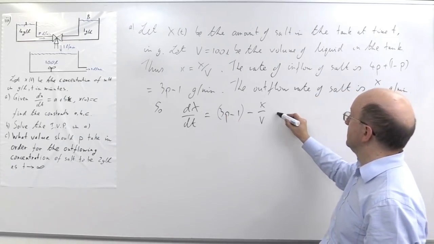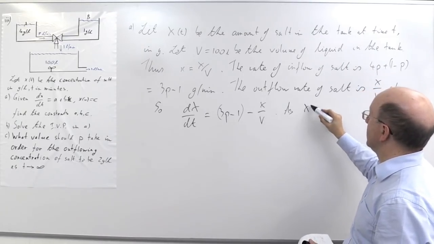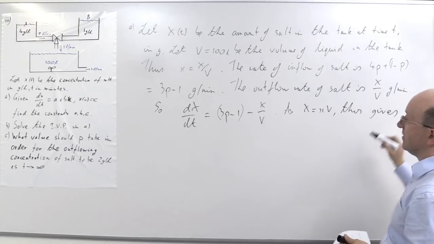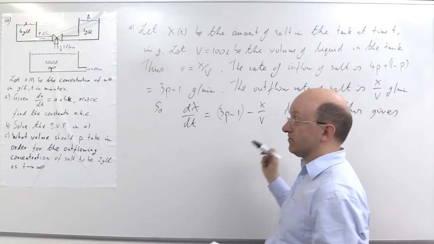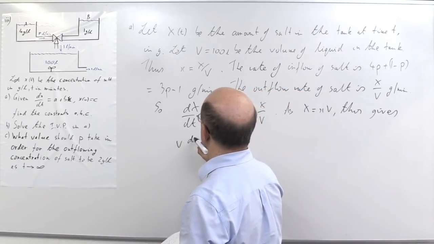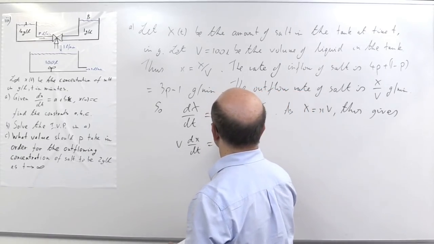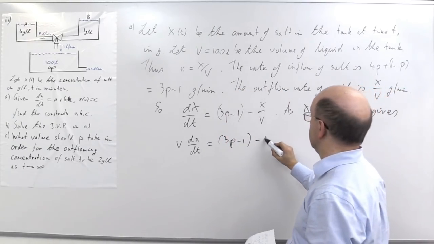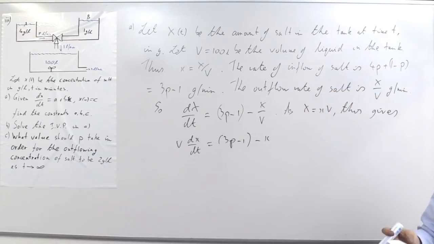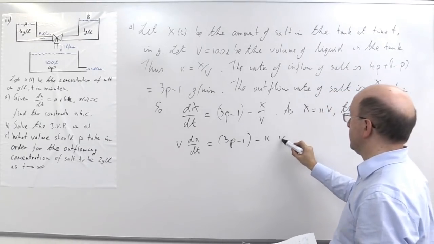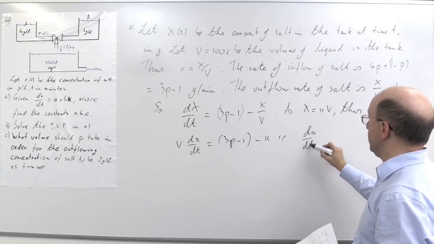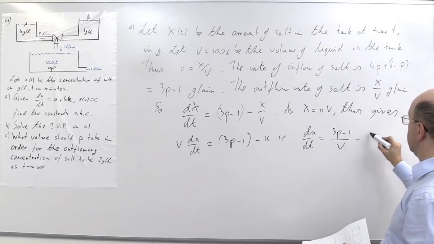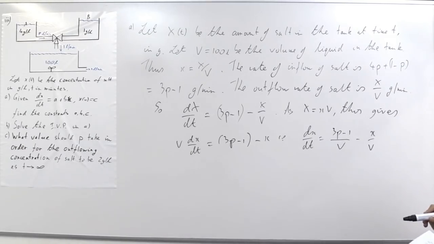So as big X is little x times v, this gives, well, the big X by dt, and v is a constant, remember, is going to be big V times the little x by dt, is 3p minus 1 minus x over v, which is little x, i.e. dx dt is 3p minus 1 over v minus x over v.